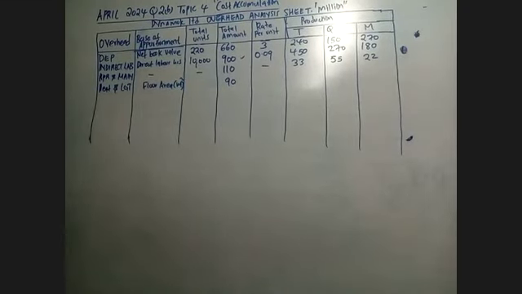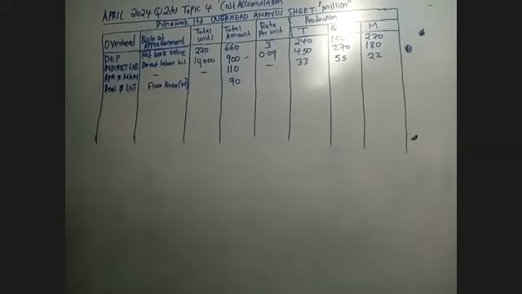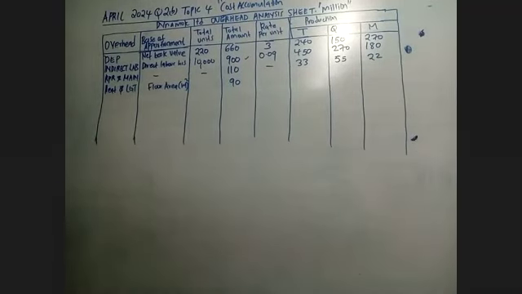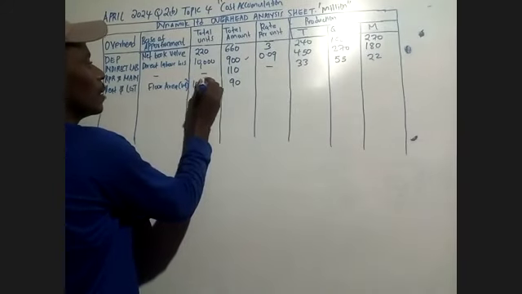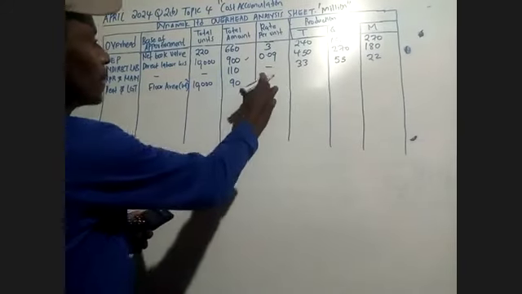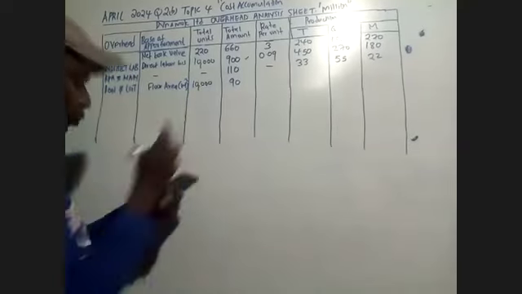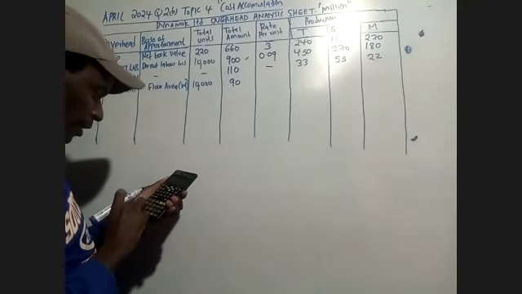I hope inaonekana. 10,000. So umesema ni 10,000. Divided per unit, tunachukua total amount divided by the units. So 90 divided by 10,000.